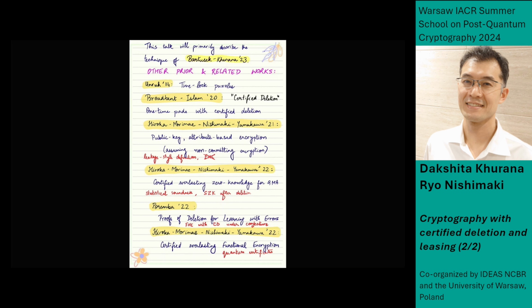It is everlasting security, but we consider the adversary to be QPT, even if the certificate is verified. After the certificate is verified, the adversary receives the secret key to recover plaintext. So it is much weaker than everlasting security because we still consider quantum polynomial time algorithms.